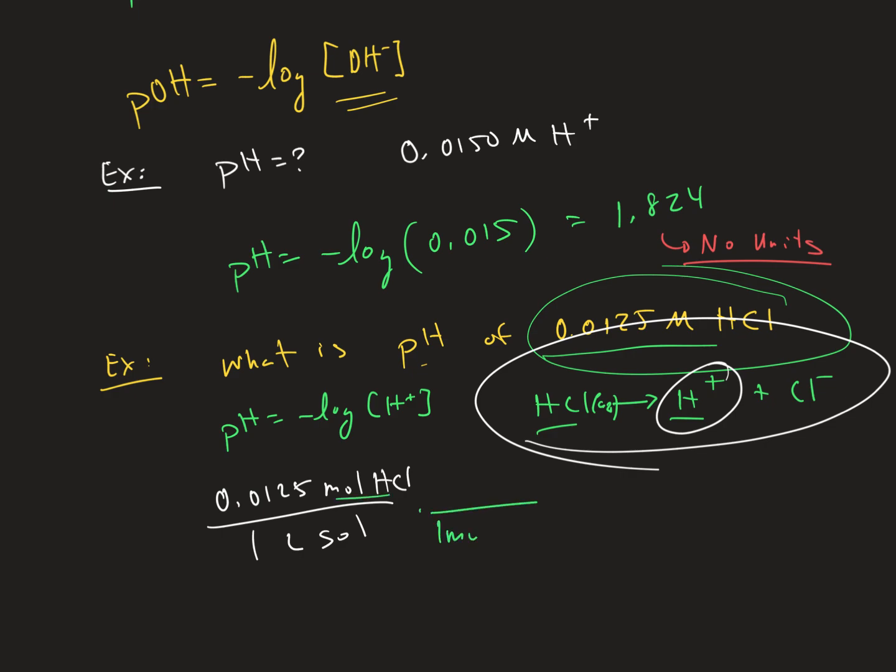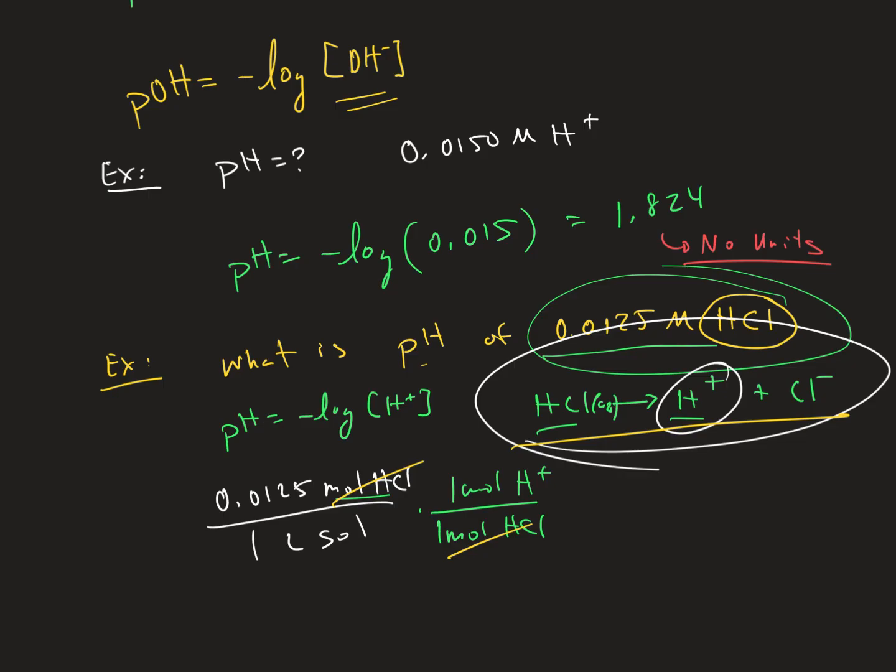For every 1 mole of HCl, I have 1 mole of H plus. But if you can see that it's a 1-to-1 ratio just by looking at it, you don't even have to do this. But if it doesn't make sense in your brain, then do this.